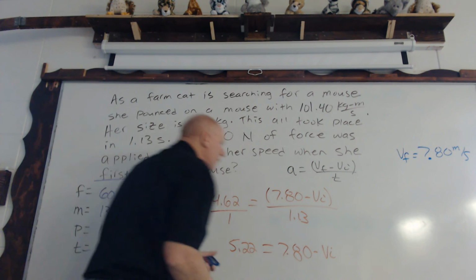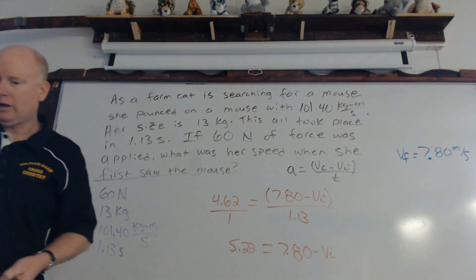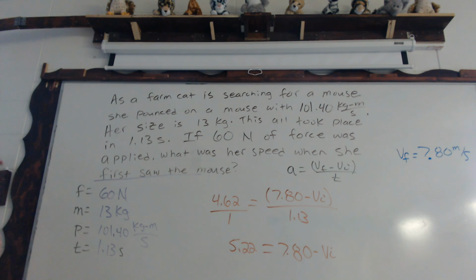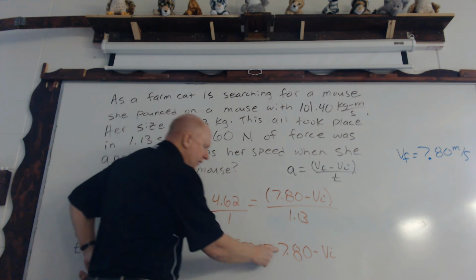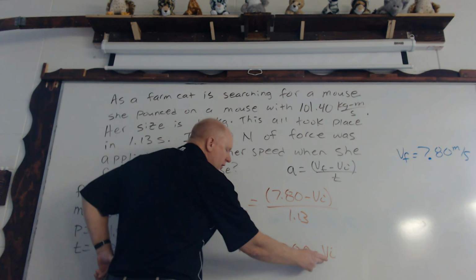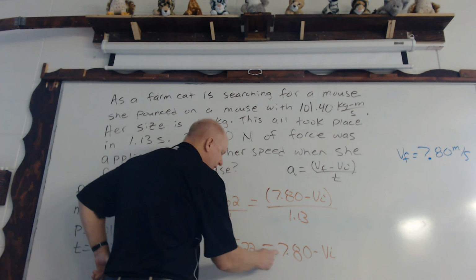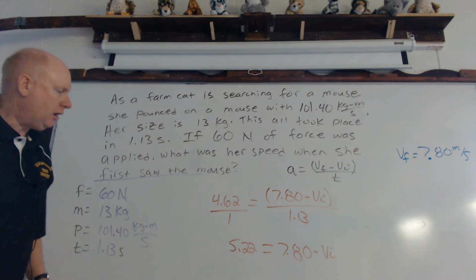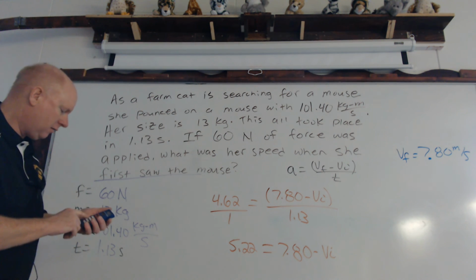All right, so take a couple moments. How do we get that initial velocity by itself? Since there's a positive sign in front of this, to get it over to the other side and get that initial velocity by itself, we're going to subtract each side.